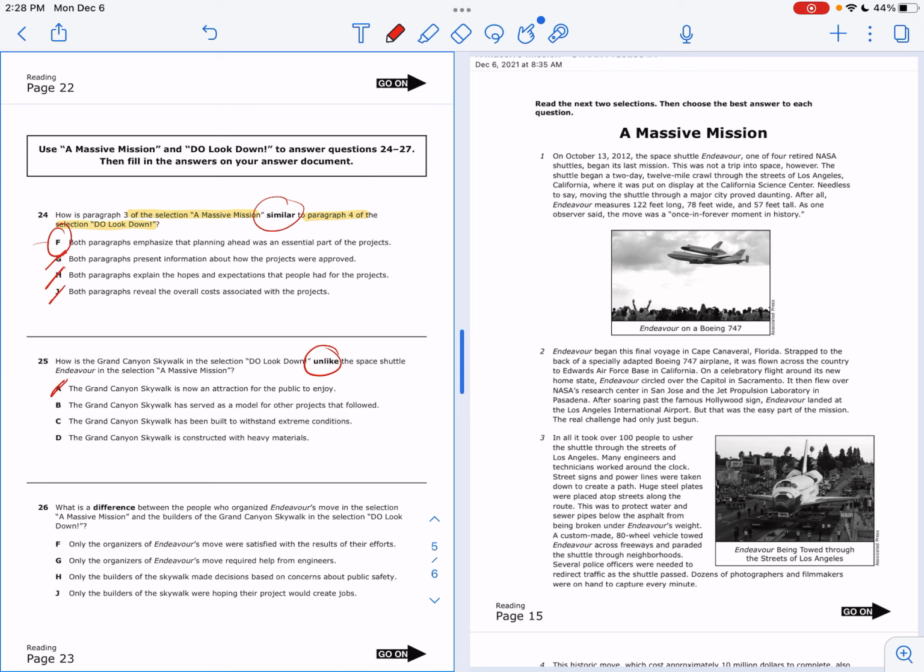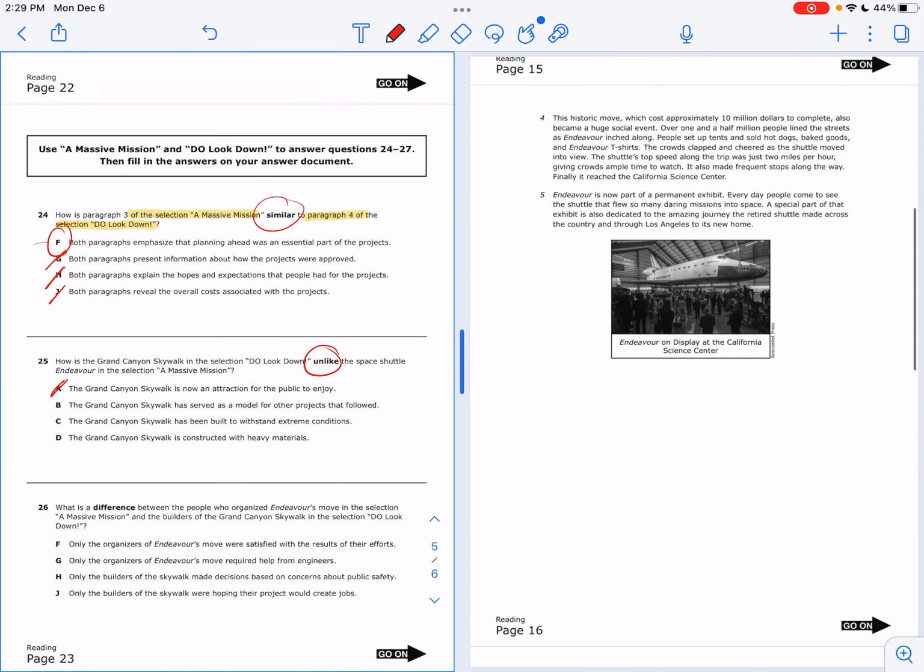They're both attractions. Okay? The Grand Canyon Skywalk has served as a model for other projects that followed. That is true. Did the Massive Mission article talk about how this served as a model for other things? No. So B might be an answer. C, the Grand Canyon Skywalk has been built to withstand extreme conditions. Okay, yes.